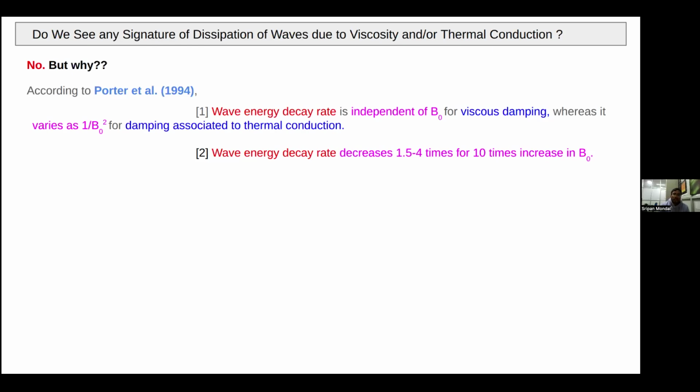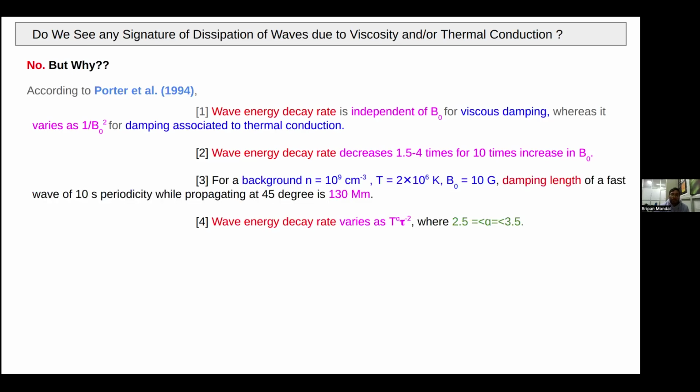So it is not decreasing by a very high value. In addition, they reported that the damping length of a fast wave of 10-second periodicity propagating at 45 degrees should be 130 megameter when the background number density is 10^9 cm^-3, the background temperature is 2 × 10^6 Kelvin, and B naught is 10 Gauss.